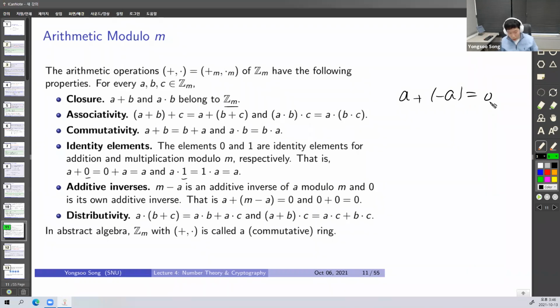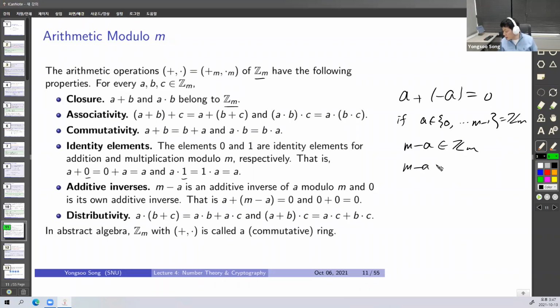But in this modular space, if a is some integer in this set, then minus a may not be an element of Z_m because it's a negative integer. So if we add m here, then this belongs to Z_m as well.